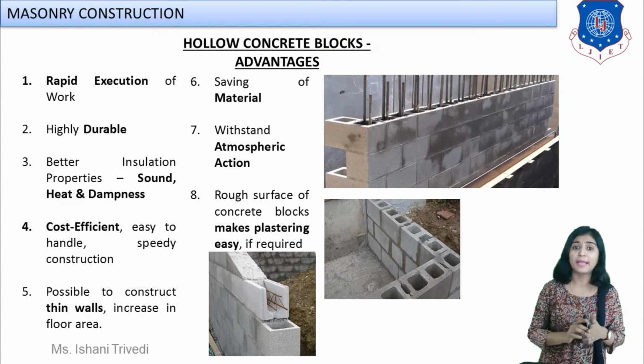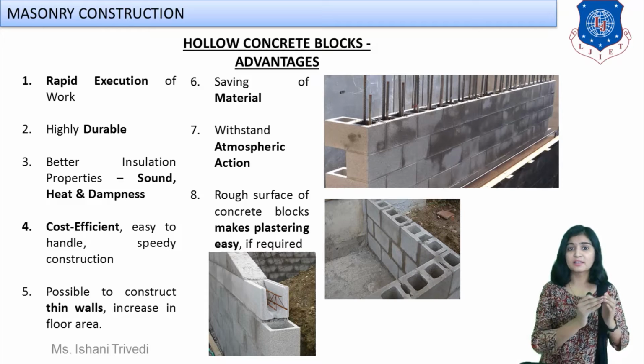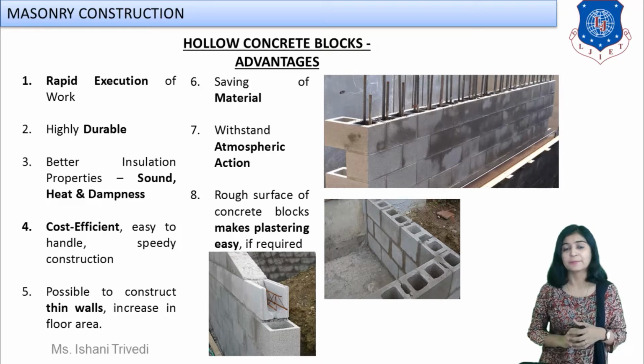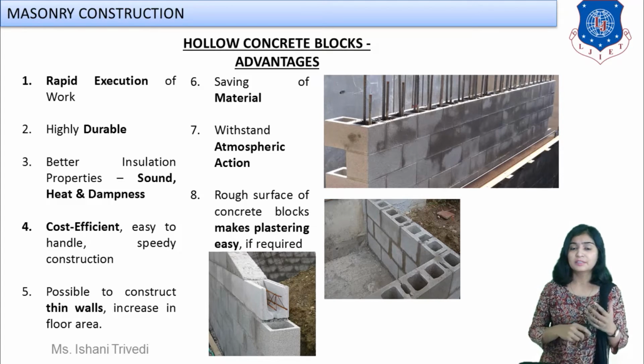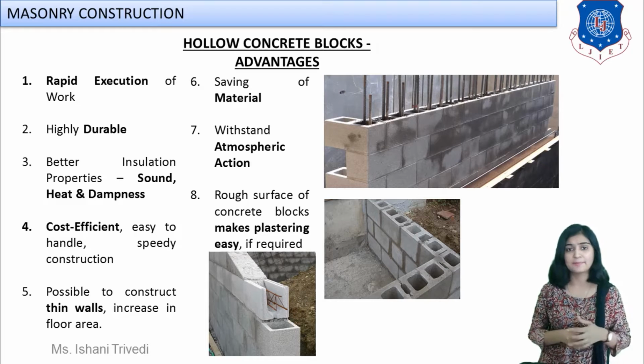You can also have damp resistance in the structure, because the dampness or the heat will not directly enter inside the structure, because it will meet a hollow space in between, right? This is your construction of hollow concrete block. It is a special type of masonry construction which is done as per the requirements.